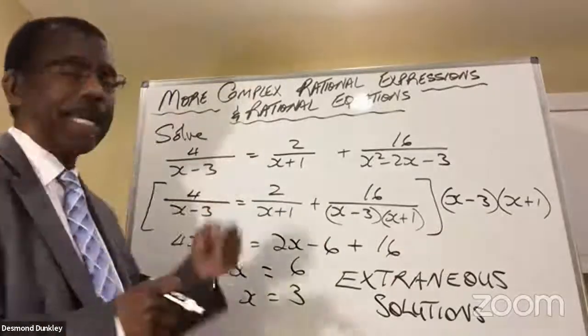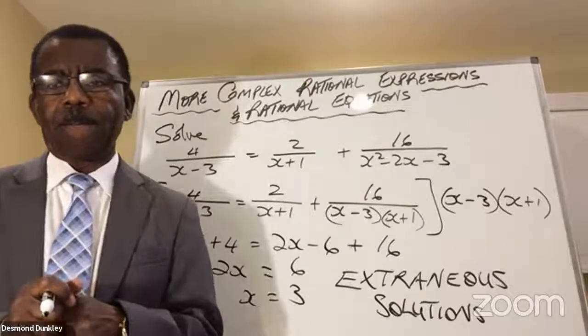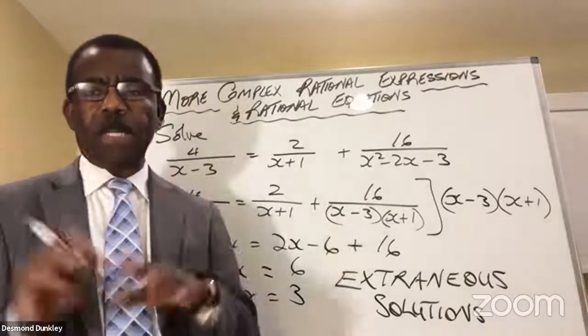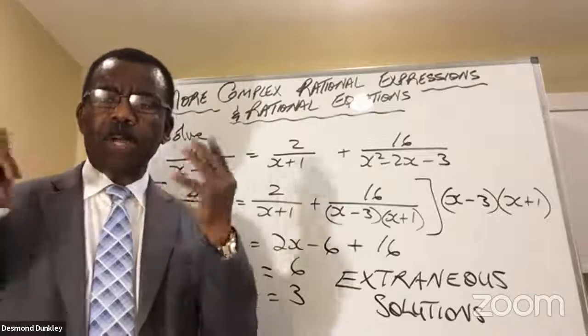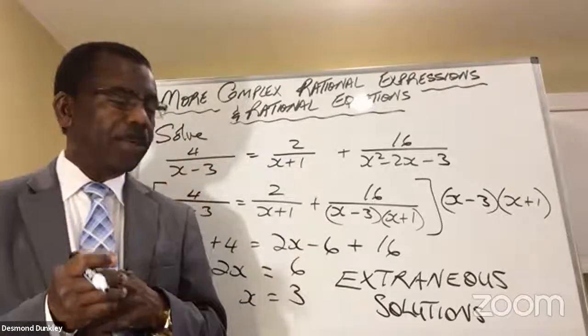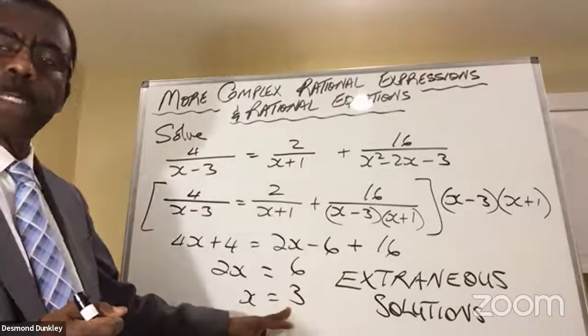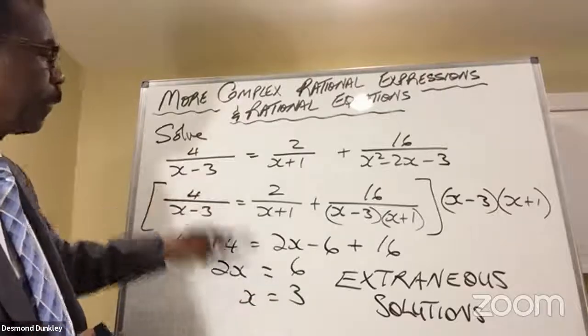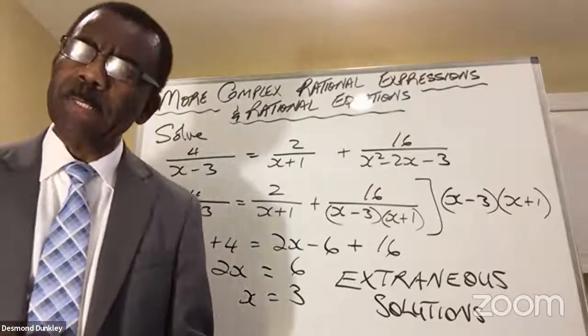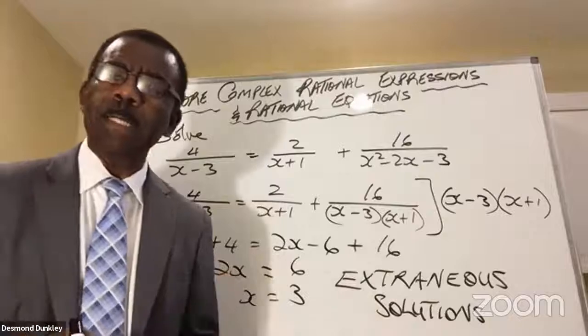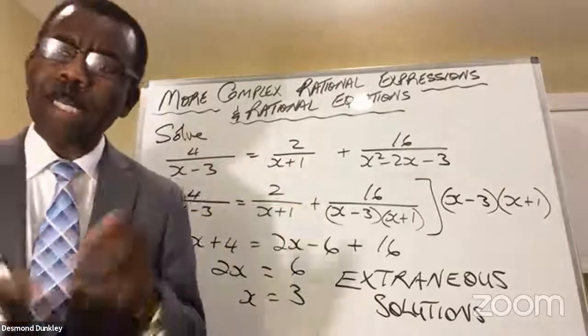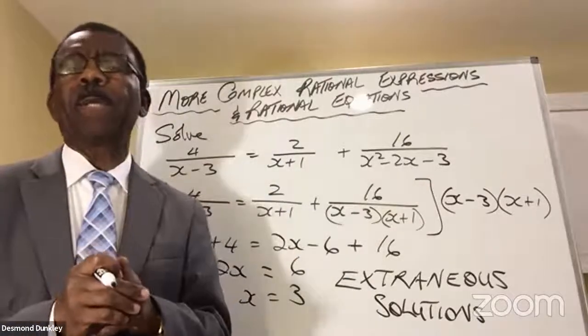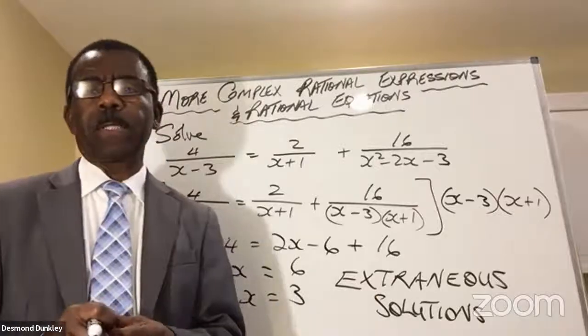In this case, it will be positive infinity. But let's not even go there. In math, it just says undefined. You just cannot divide by 0. So because 3 became the solution, when we plugged it in, it does not fit. It creates a conflict. Then we call it an extraneous solution.